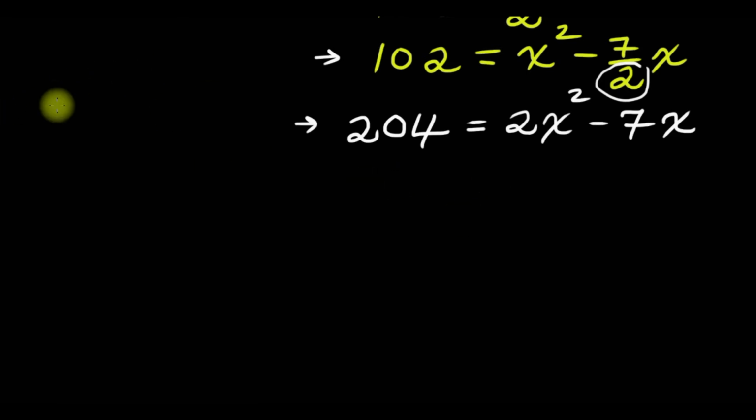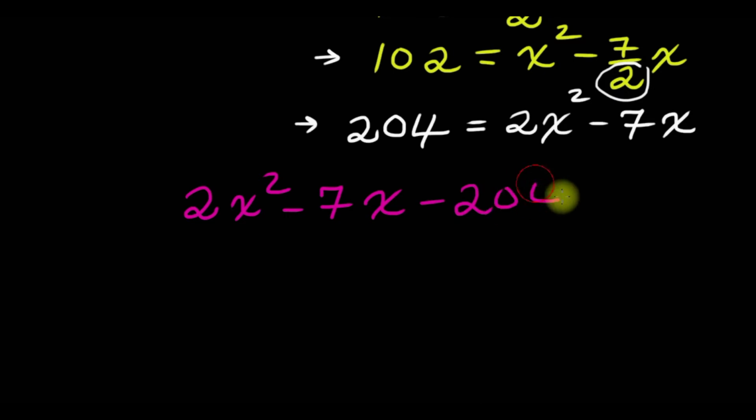To solve this by factoring, we're going to set it equal to 0. So here I have 2x squared, take away 7x, minus 204 is 0. What I did is I got rid of the 204, so you have negative 204 on this side.